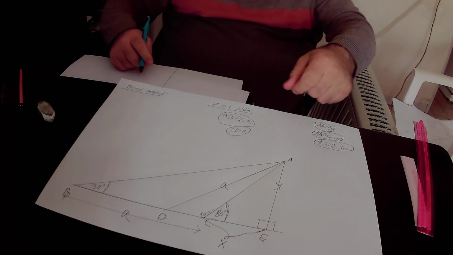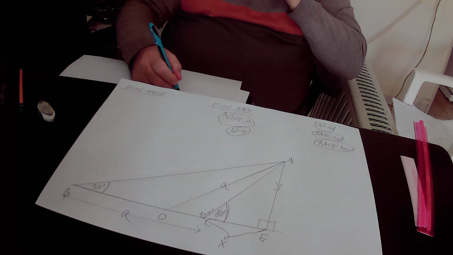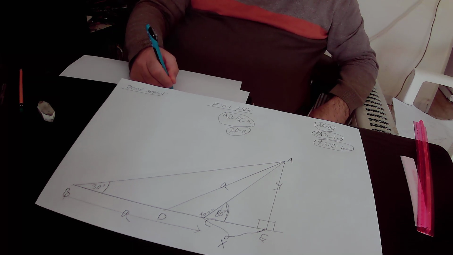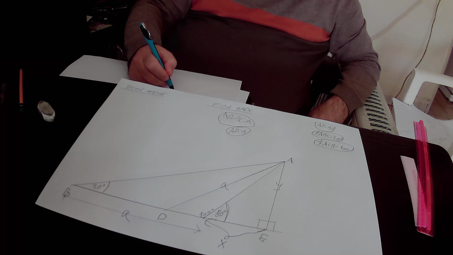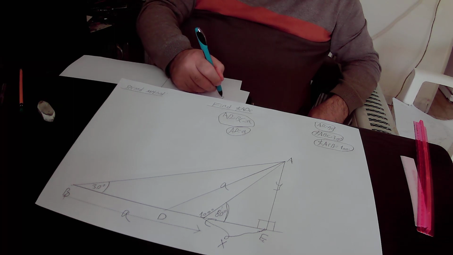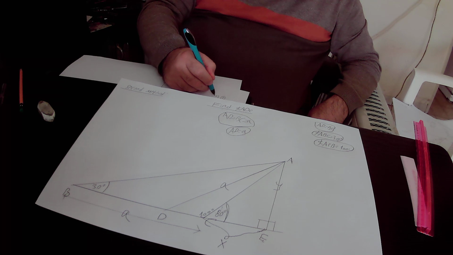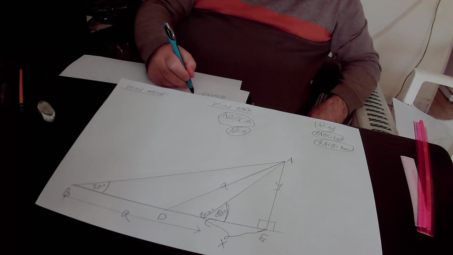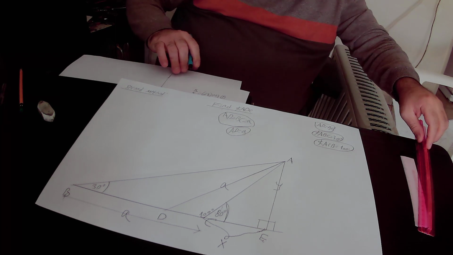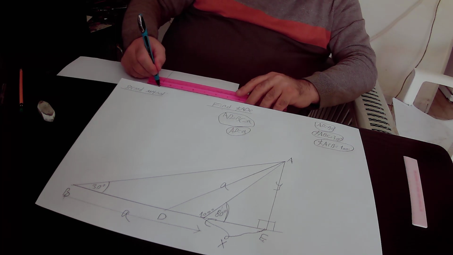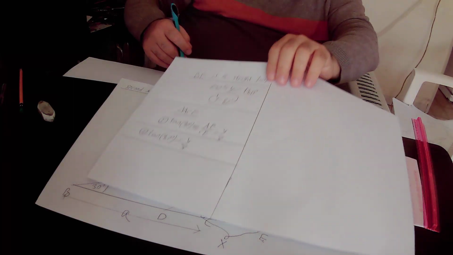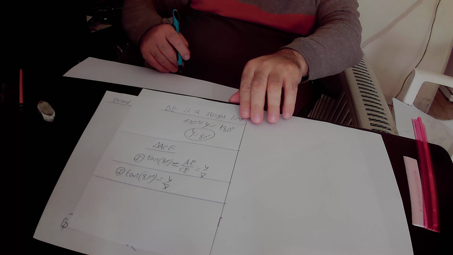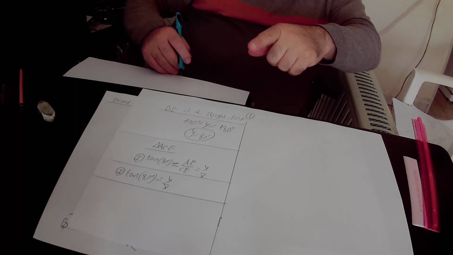But according to our definition, AE equals Y and CE equals X. Therefore, according to equation number 1, we will get that tangent 80 degrees equals Y over X.